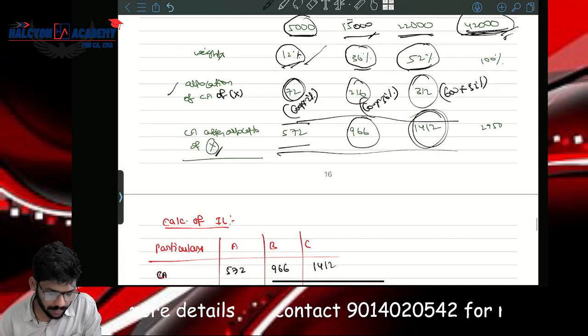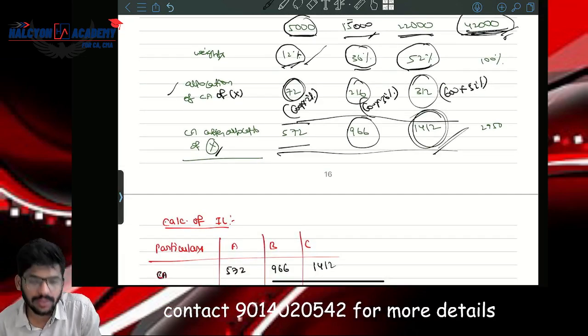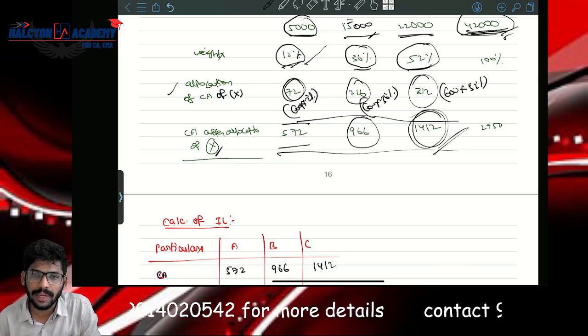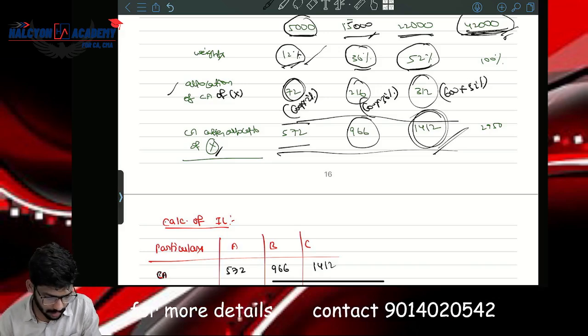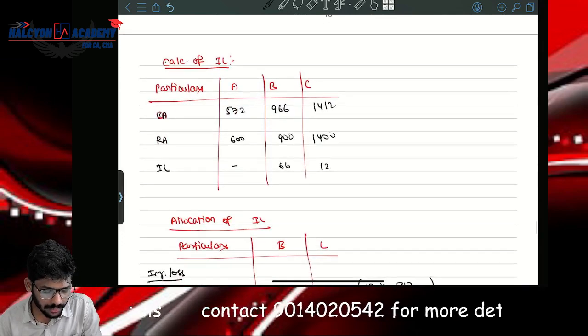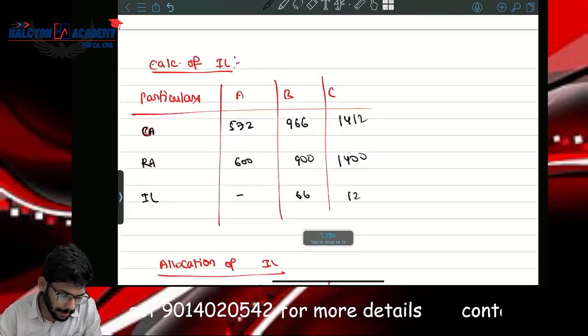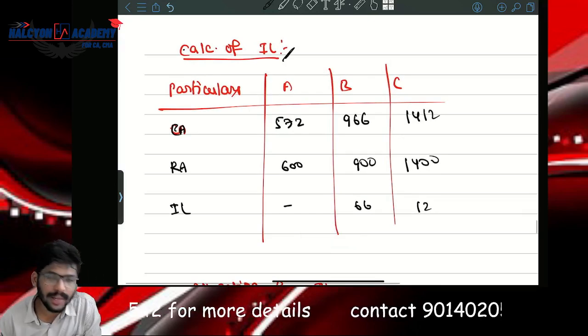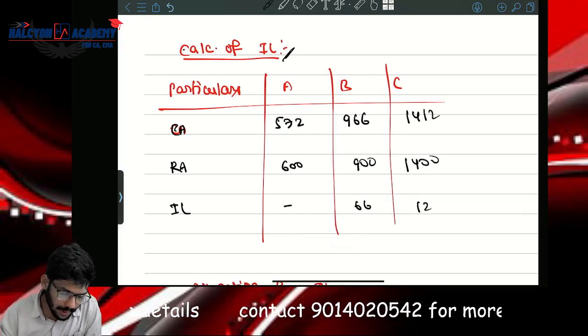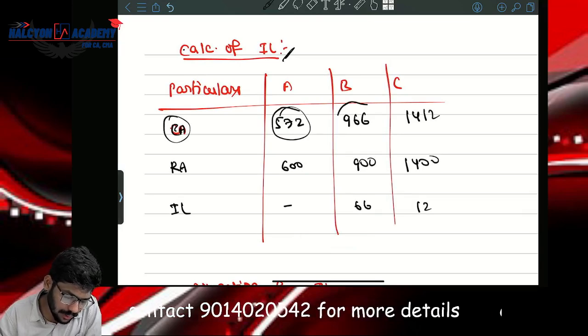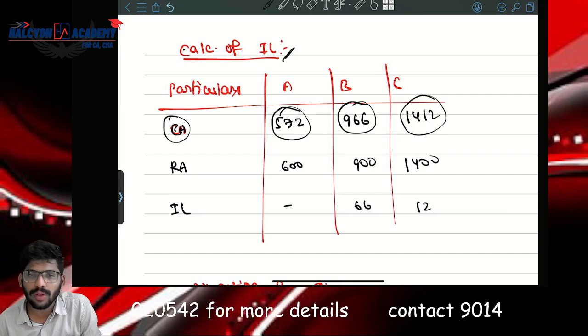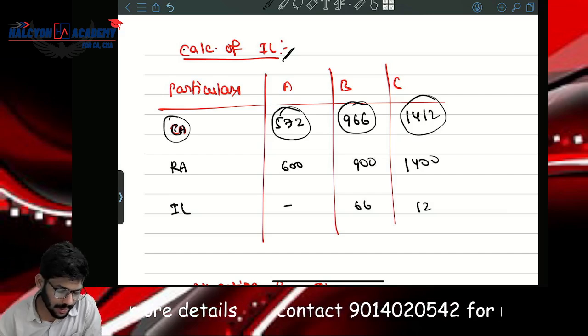So this is the carrying amount after allocation of corporate asset. Now you have to compare it with the recoverable amount, right? Because you have to calculate the impairment loss. So, calculation of impairment loss. Carrying amounts are 572, 966, 1412, correct?